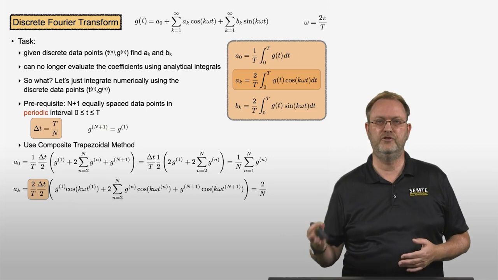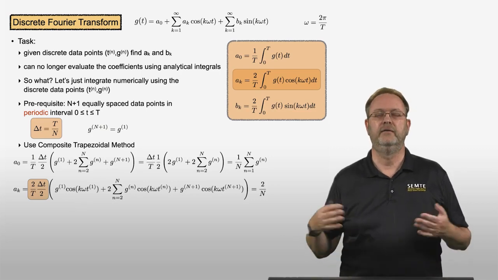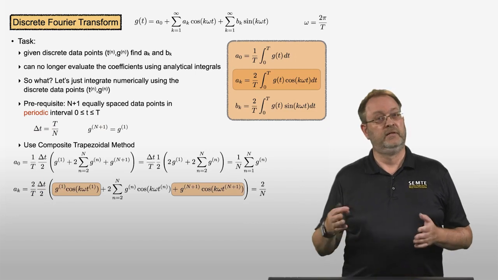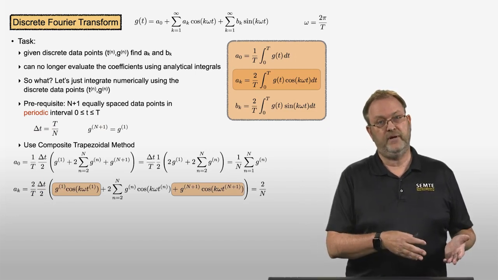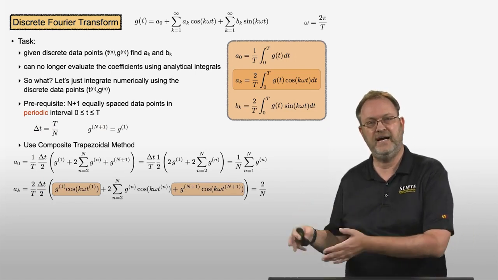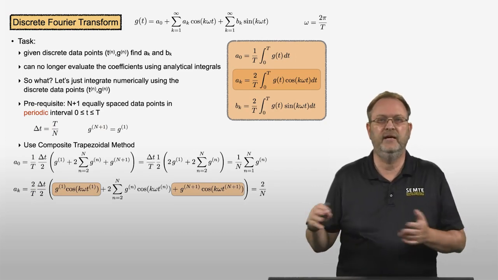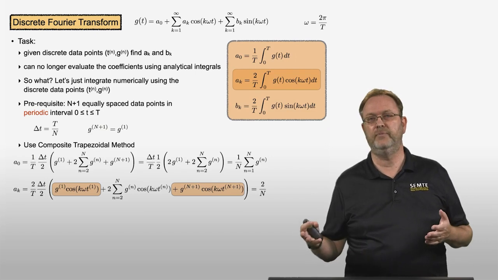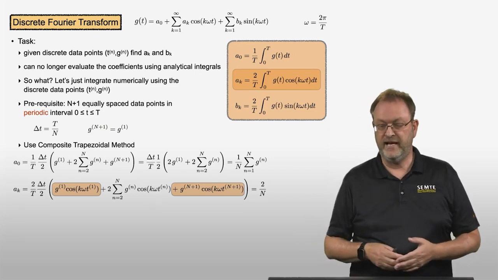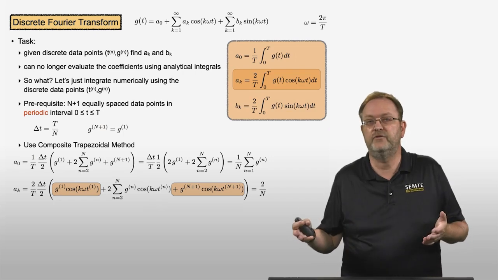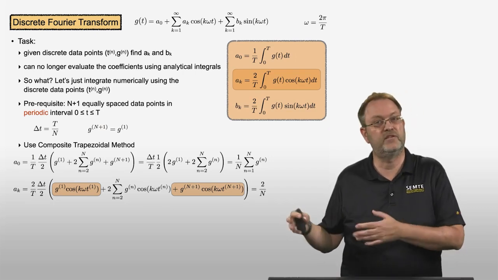Now let's use the definition of delta t again. So that gives me now 2 divided by the number of subintervals uppercase N times... Again, the first data point value has to be equal to the last data point value. And even though the times t1 and tn plus 1 are not equal, because I have the fundamental angular frequency omega in here, the cosine values evaluated at t1 and tn plus 1 will be the same.